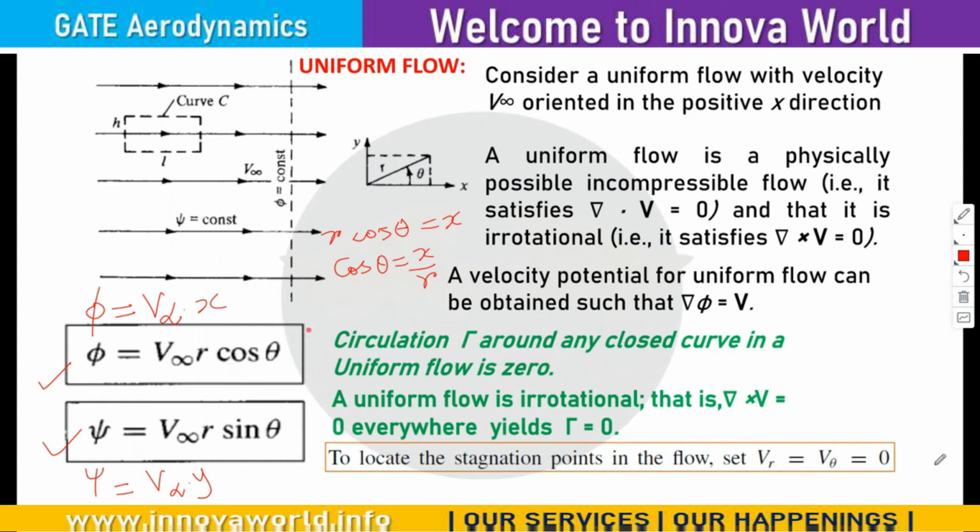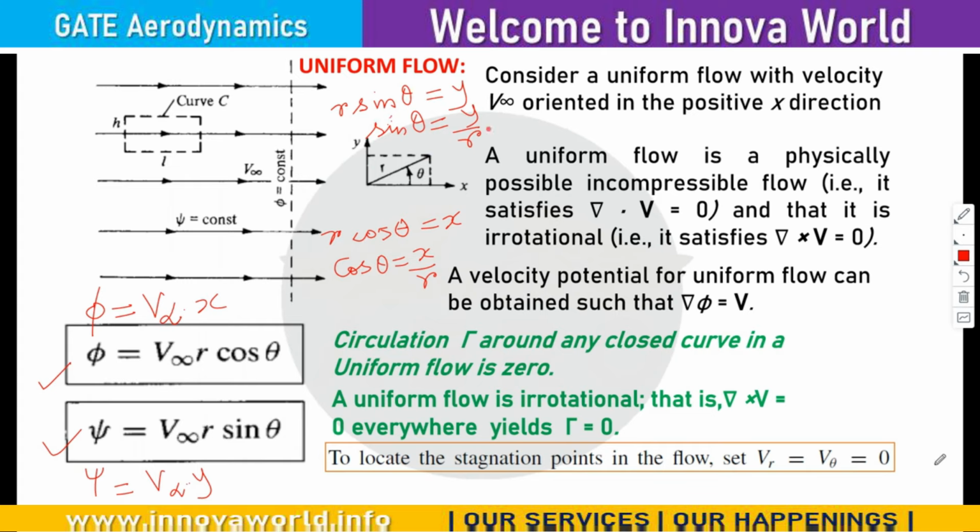Okay. Similarly, here we have V infinity r sin theta, which can also be written as V infinity y. So r sin theta equals to y. That means sin theta equals to y by r. Suppose they have given you in the form of Cartesian coordinates and they want to find the theta value or something, so you can use this formula.